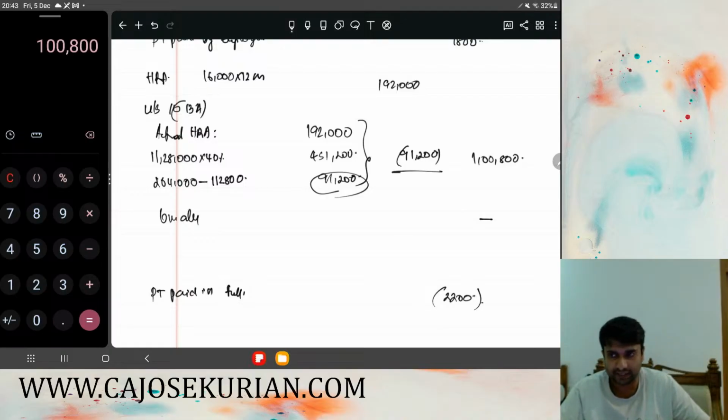Tuberculosis is a prescribed disease, and hence concessional rate of interest. The normal rate that SBI charges is 11%, and the employer is charging 5%. Even though he's getting a benefit, that need not be valued, because it is taken for the treatment of prescribed diseases. So nothing shall be taxable over there.